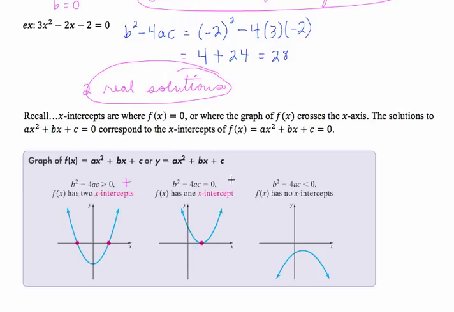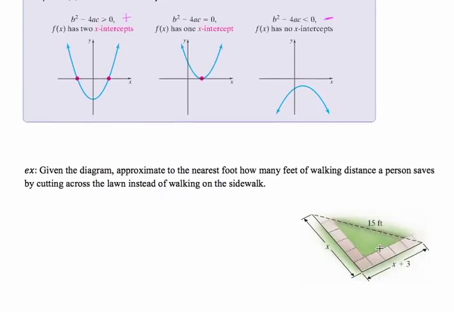If your discriminant is equal to 0, that's when you only had 1 solution to the equation, which corresponds to 1 x-intercept. Or if b squared minus 4ac is less than 0, that's if it's negative, that means there are no real solutions, which means there are no x-intercepts. So your graph might look something like that. Okay, that's just a quick aside for you.